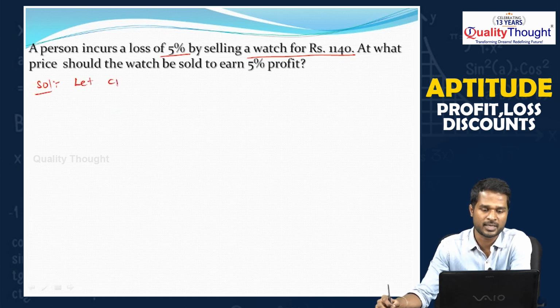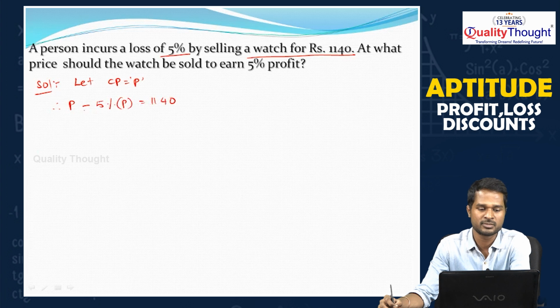So, let the cost price be P, and anything you need to calculate is based on the cost price. So, cost price minus loss, which is 5% of the cost price, is equal to selling price, that is 1140. So, nothing is there in front of this P, means it is 100% of P. Let us write that.